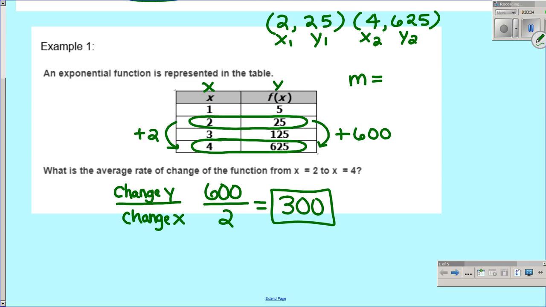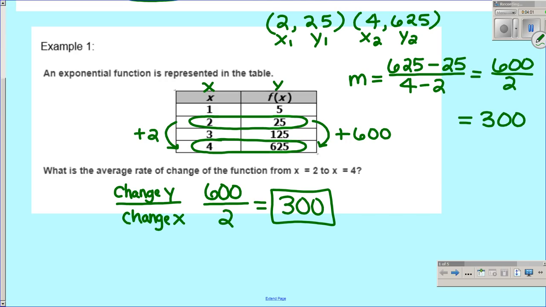The slope is to take y2, that's 625, subtract y1, 25, and then we're going to write this over the change in x. You're going to take the second x coordinate and subtract the first x coordinate. 625 minus 25 simplifies to 600, and 4 minus 2 simplifies to 2. Again, simplify that fraction. We can divide 600 by 2. We get an average rate of change of 300. So you can use your formula, or in a table you can easily just look at the change, look for the pattern.